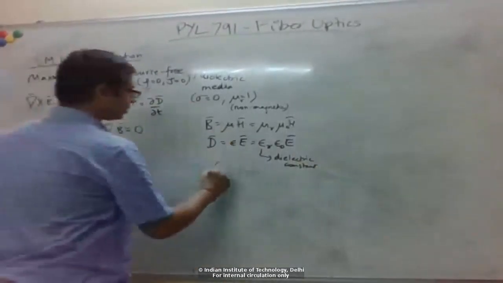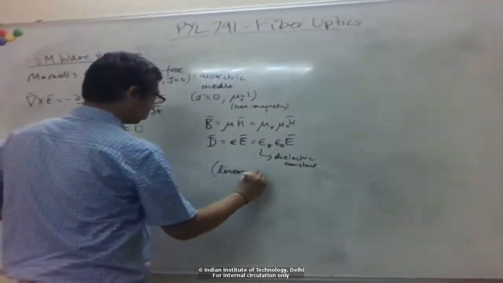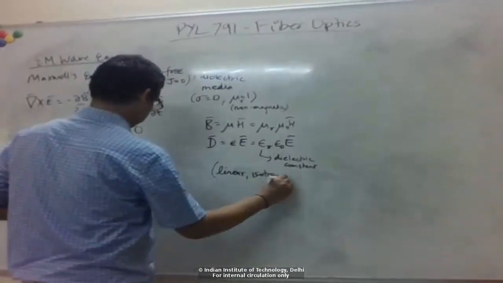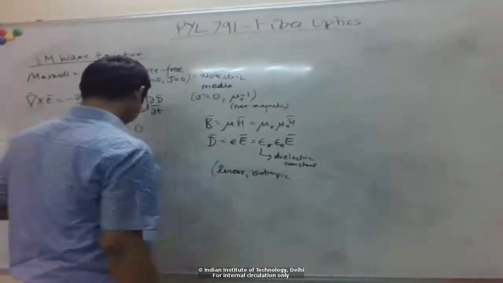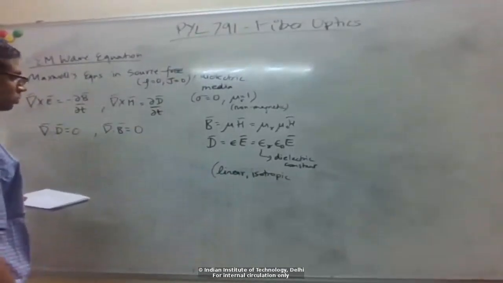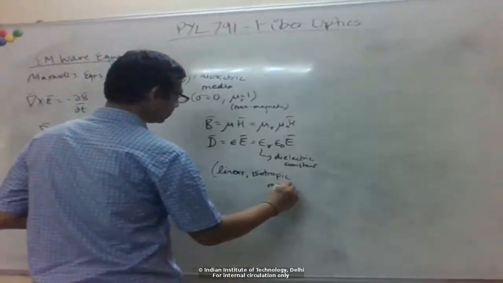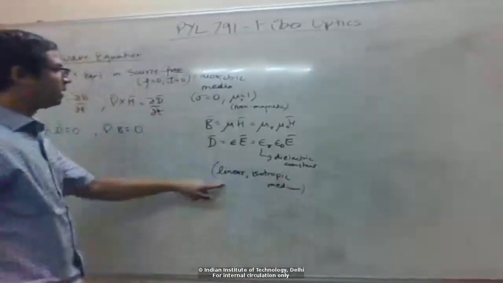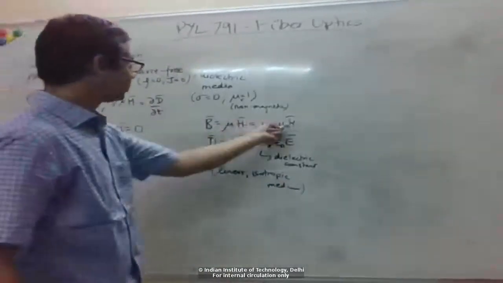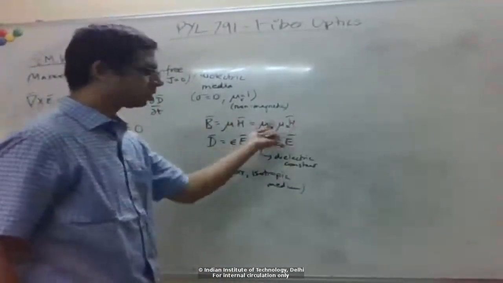So one note is that this is for a linear, isotropic medium. Linear means that the relationship between these fields is linear, right? So E and D just have a constant relationship.